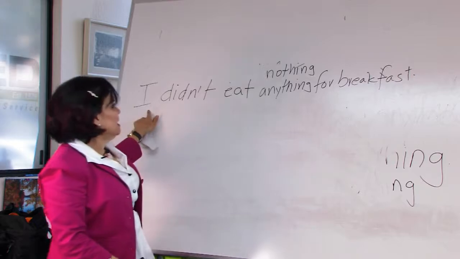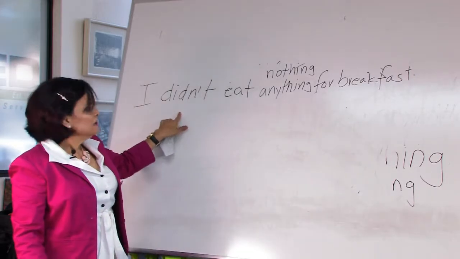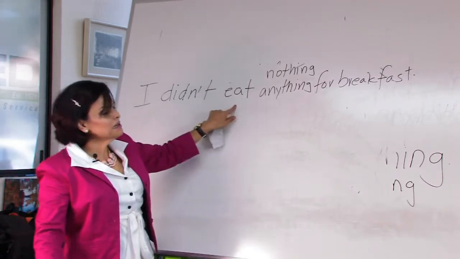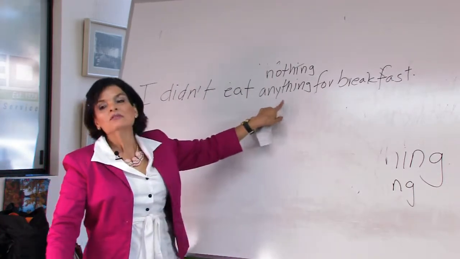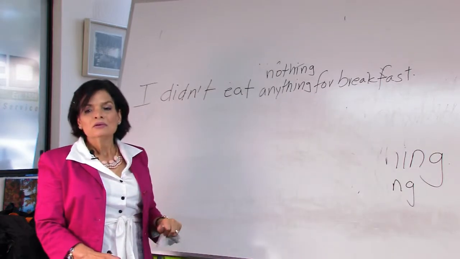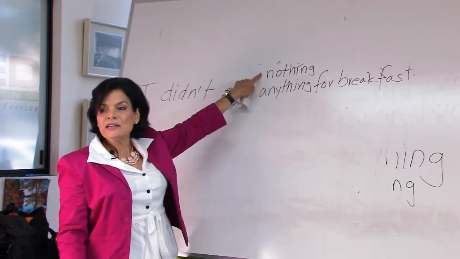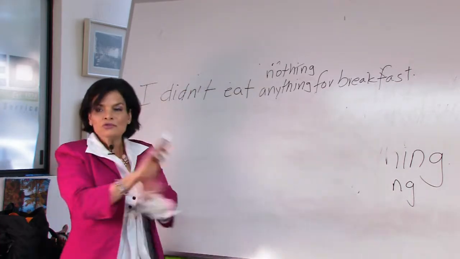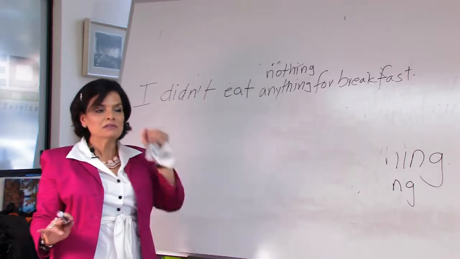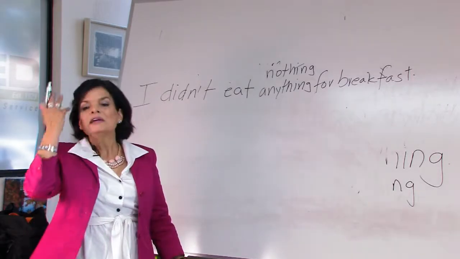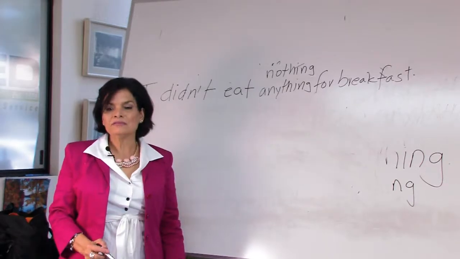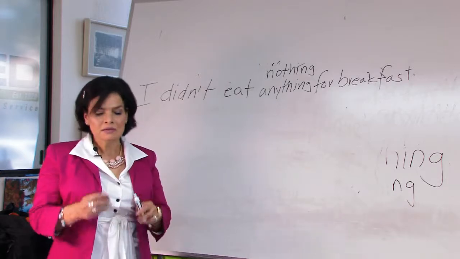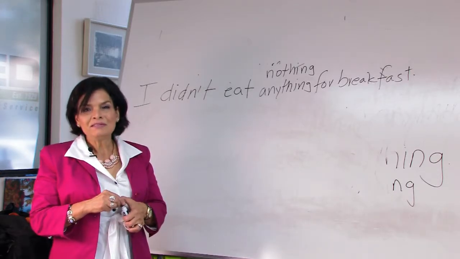Okay, so I didn't is past tense, but it's negative, right? I didn't eat anything for breakfast. Why can't we say nothing? I didn't eat nothing for breakfast. Because it's negative and negative, so no two negatives, no double negatives. Very good, Jaime. It's incorrect to use double negatives. You will hear people saying it, but it's incorrect. Believe me.